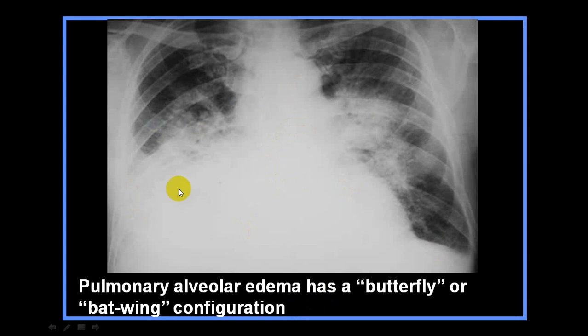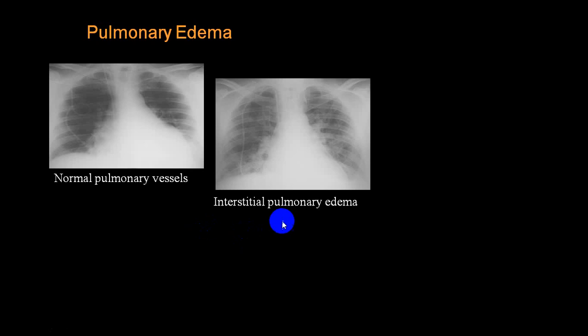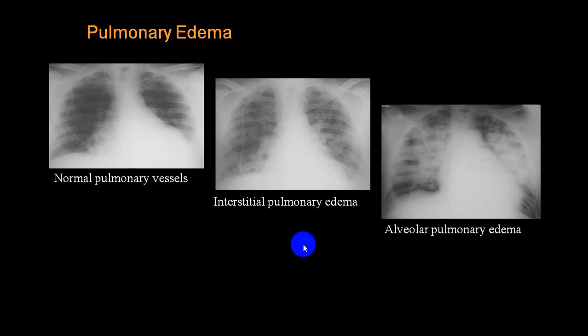Again, bat wing appearance, prominent, or you can call it a butterfly appearance. Again, cardiomegaly, bronchovascular marking prominent, angle not clear. Here also angle is not clear. There is an interstitial pulmonary edema, and you look here, this is a bat wing appearance.